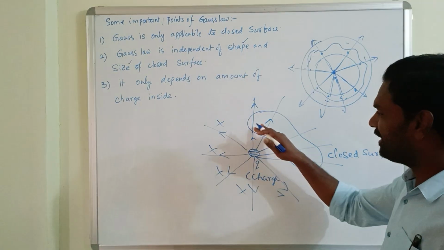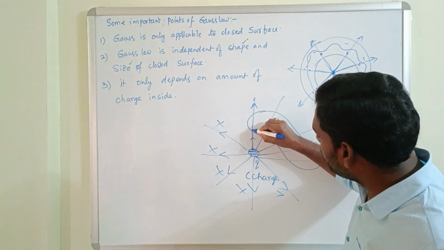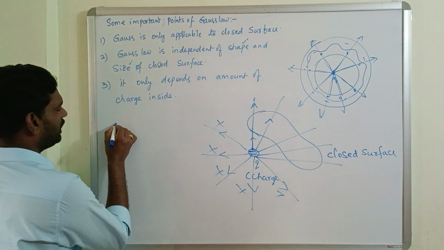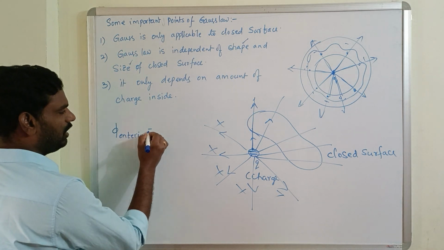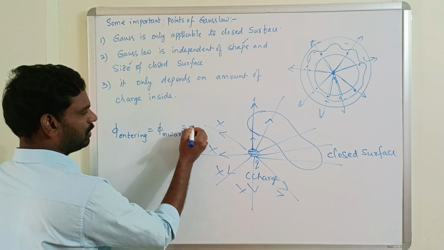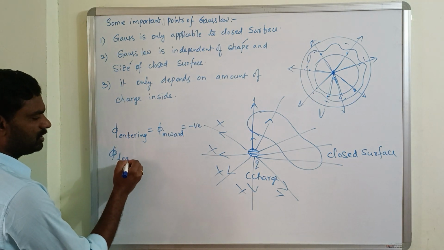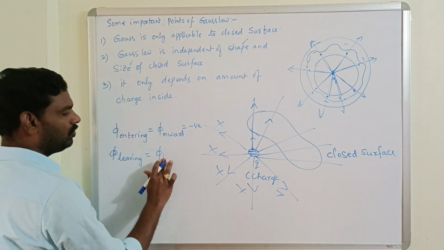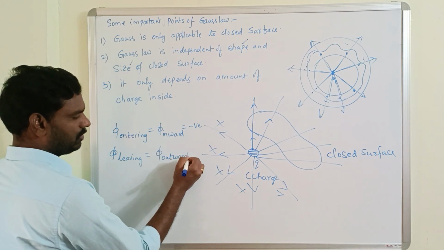What then contributes here? Let's see whether it does or not. See here the flux entering into the closed surface. We already defined flux entering, or flux inward, as negative, and flux leaving from the closed surface, flux outward, as positive.